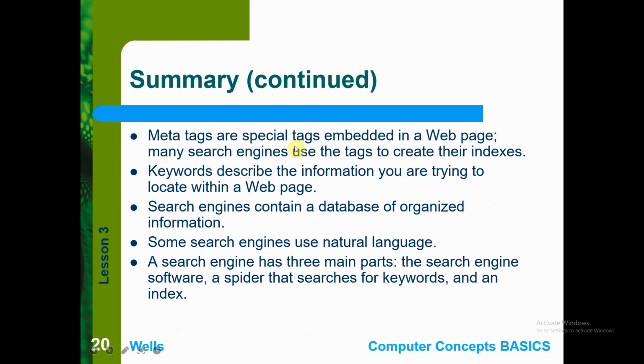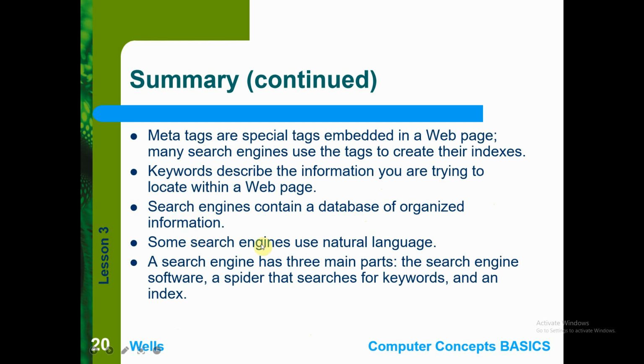So may tags, special tags embedded in the web page. Amo na ang makita sa sang HTML document, mostly inside the head tag. So they use the tags for that, many search engines to create their indexes. So keywords describe the information you're trying to locate within a web page, and then search engines contain a database of organized information.